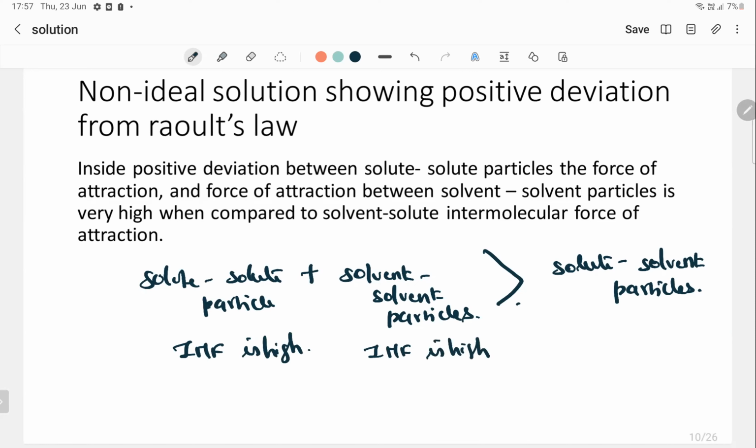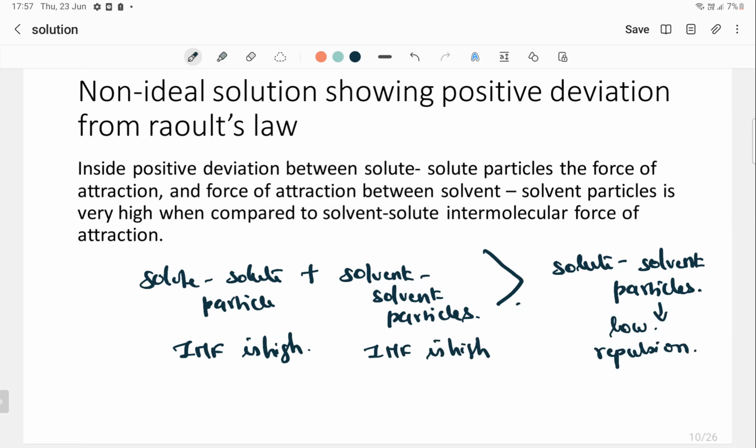Between solute and solvent particles, the intermolecular force of attraction is quite low, which means there will be more repulsion, as you can see here. If you see more repulsion here, you can understand this in positive deviation.